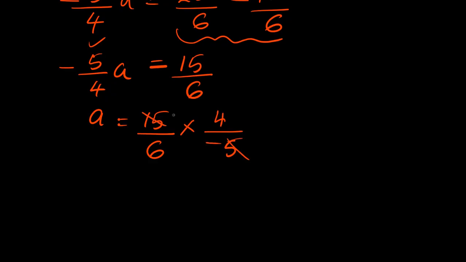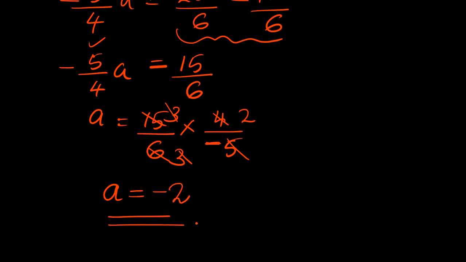So 5 times 3 is 15. 4 and 6 can be divided by 2. 4 divided by 2 is 2, then 6 divided by 2 is 3. You can cancel this 3 as well. So the only remaining number is 2 and you can see a negative symbol remaining. So a is equal to negative 2 is the answer.